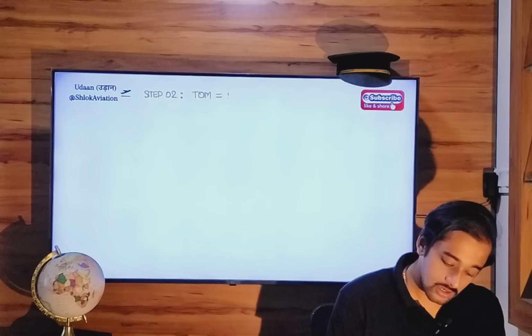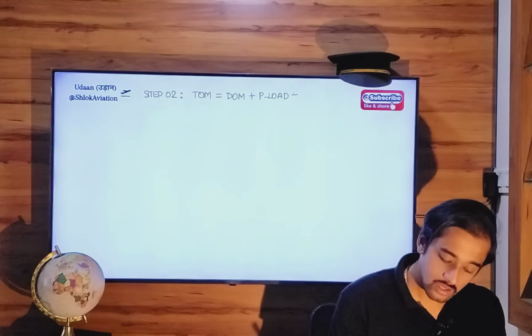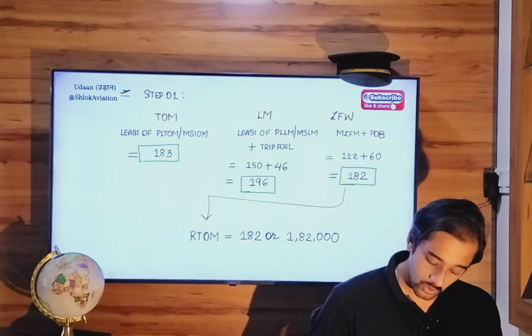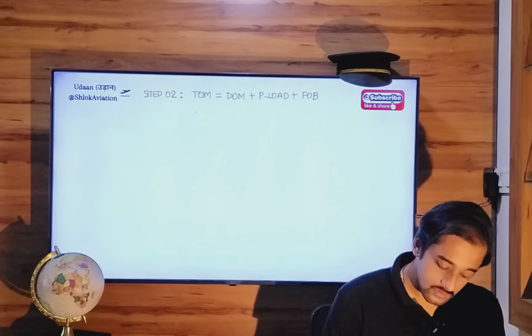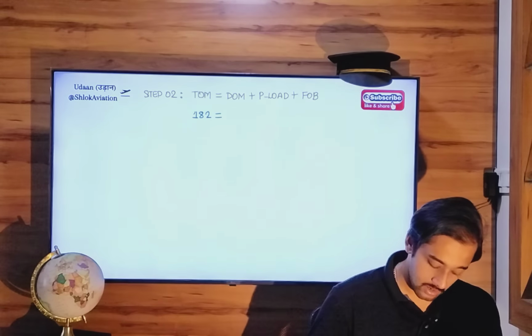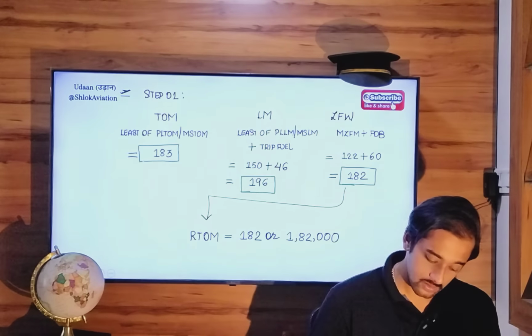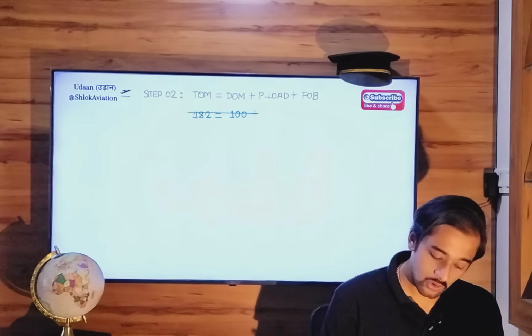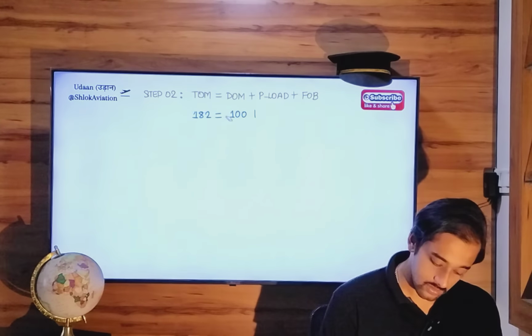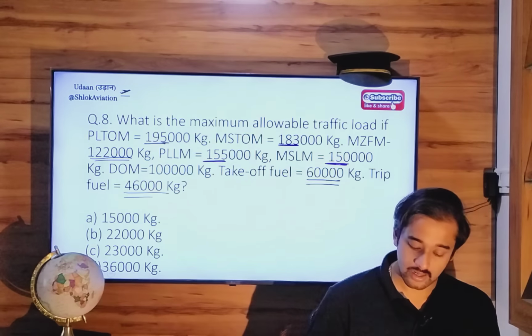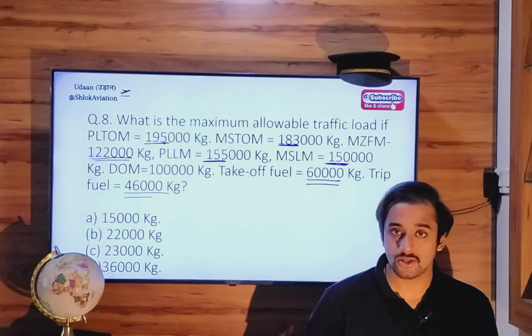Next, step 2 is direct formula. Takeoff mass is equal to dry operating mass plus payload plus fuel on board or takeoff fuel. So takeoff mass is 182. Dry operating mass is 1 lakh kg, so 100. Payload you have to calculate, and takeoff fuel or fuel on board is 60,000, so use 60.